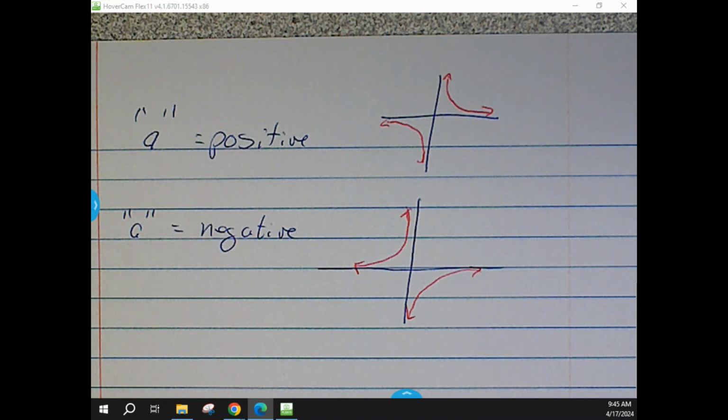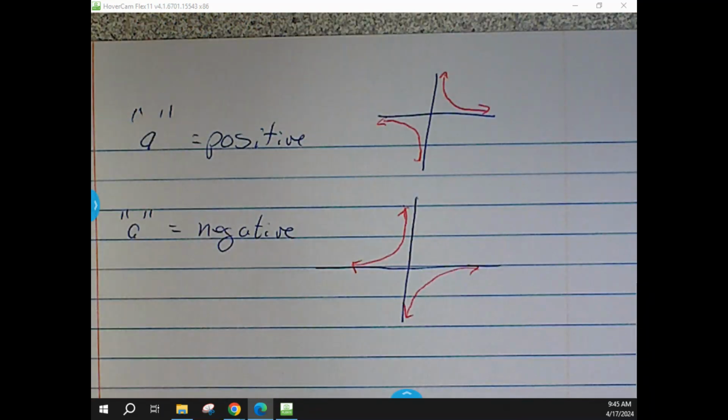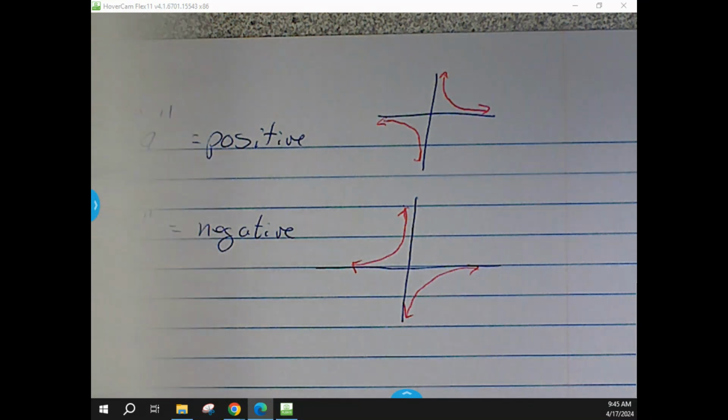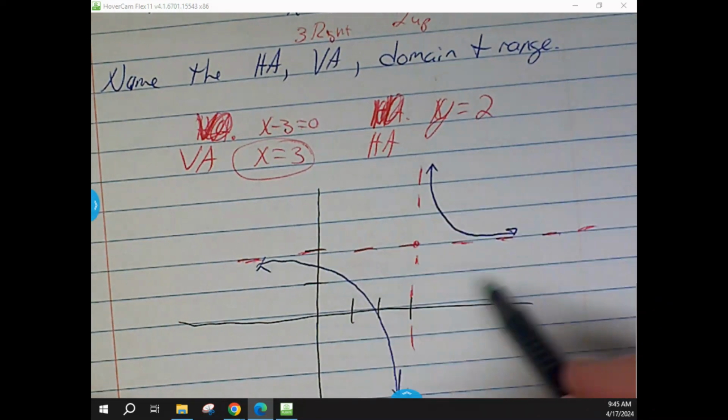Okay. And every graph will look exactly like one of those 2 things. It's either going to be a graph that looks like that or a graph that looks like that. So if we had taken this same graph we had back here and made this a negative up here, then we put the graphs here and then here.